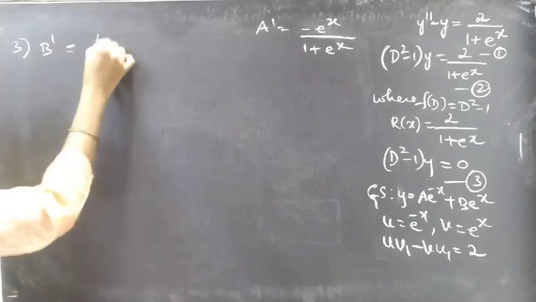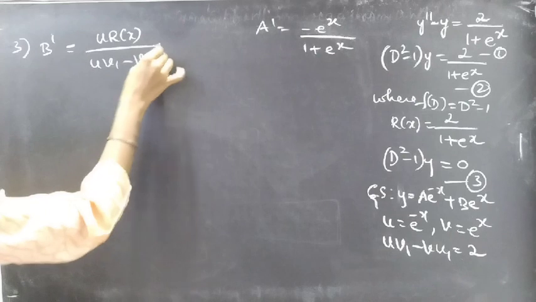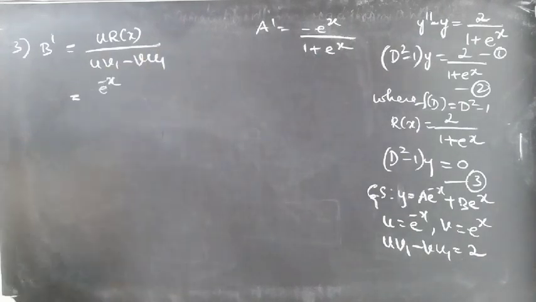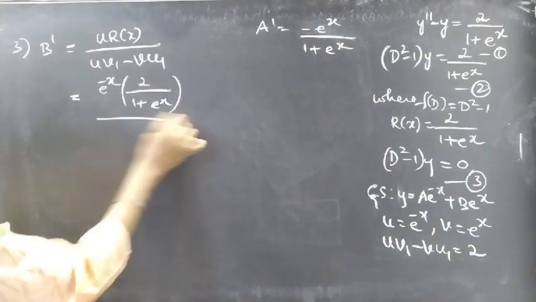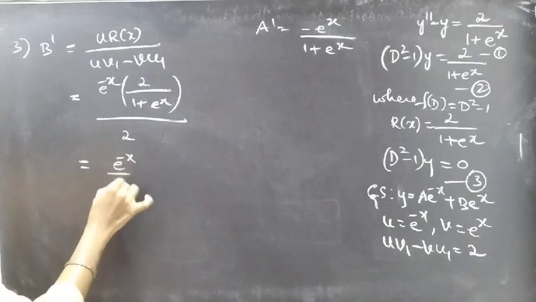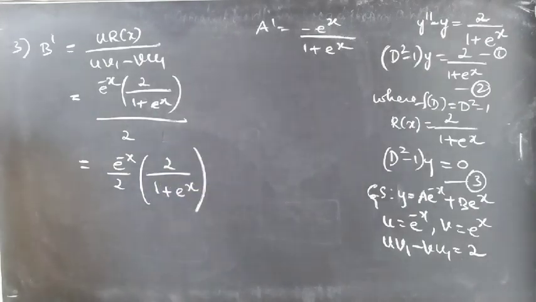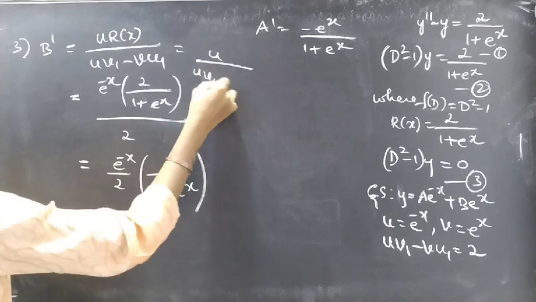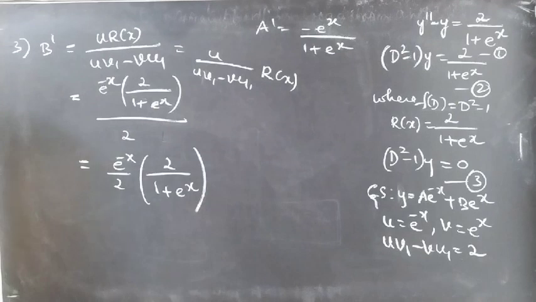b dash is given by u into r of x by uv1 minus v1. This is equal to u, e power minus x, into r of x, which is 2 by 1 plus e power x, by 2. You can write it as e power minus x by 2 into 2 by 1 plus e power x. Or u by uv1 minus v1 into r of x, because r of x is a fraction, right?